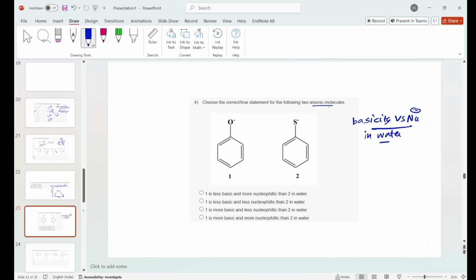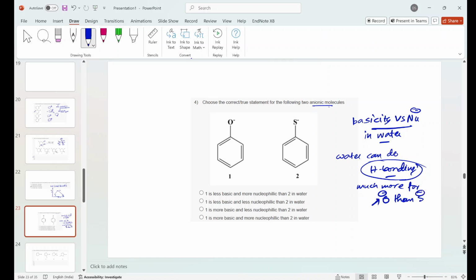What you know is water can undo, that is, hydrogen bonding. Hydrogen bonding will be much more for O minus than for S minus, right?